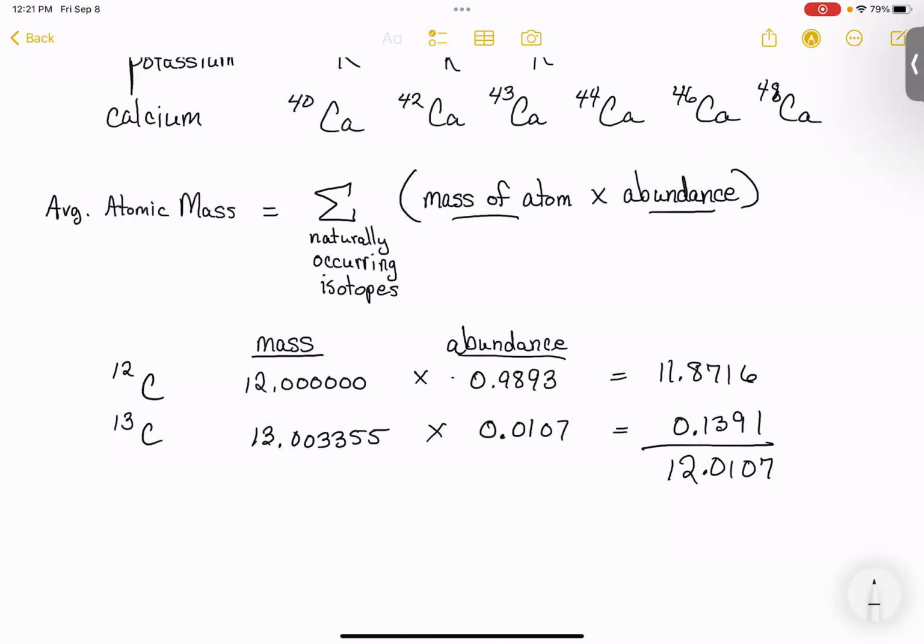Is it the same with the mass too? Yes. Those also come off of the instrument, both of those pieces of it.